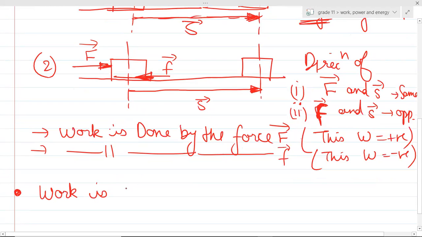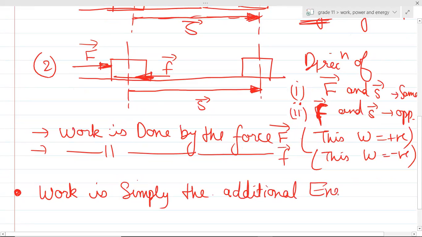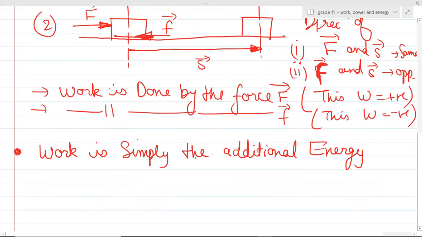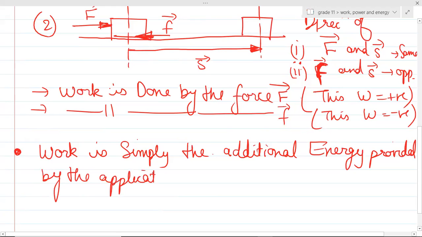Work is simply, and we'll learn more about this particular point when I discuss the work energy theorem, the additional energy provided by the application of a force, by the application of a net external force.